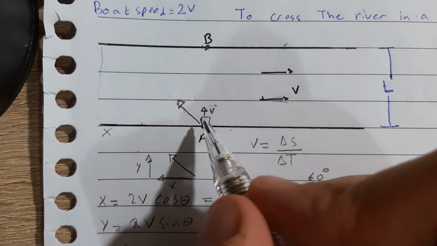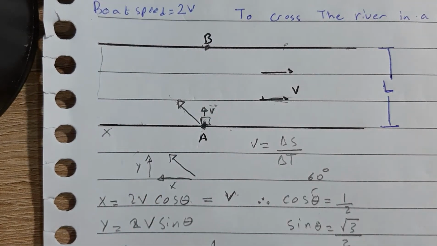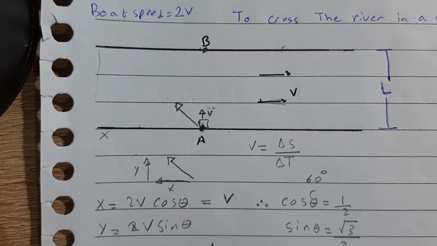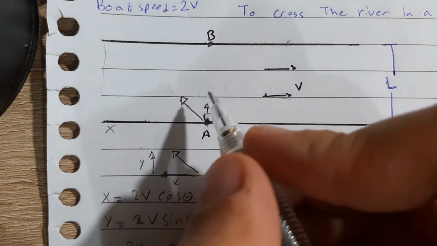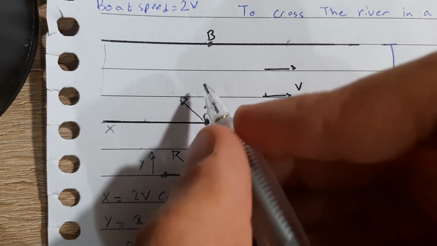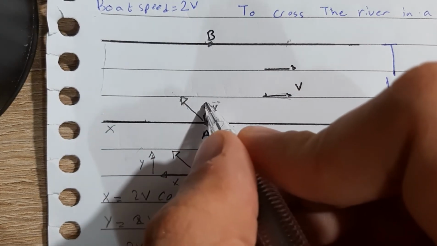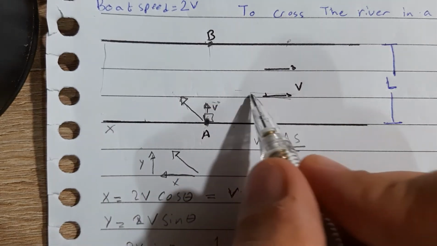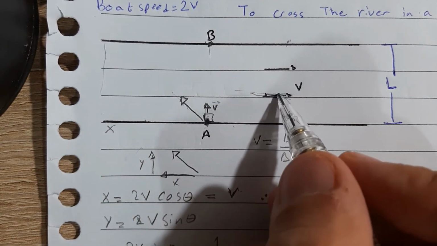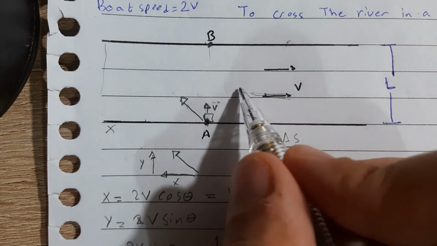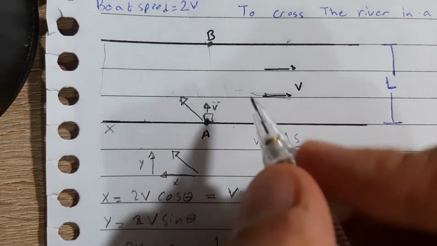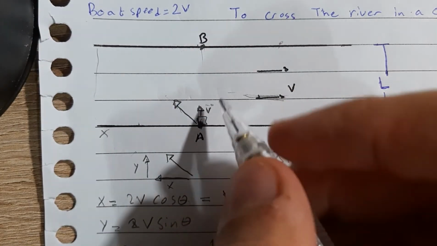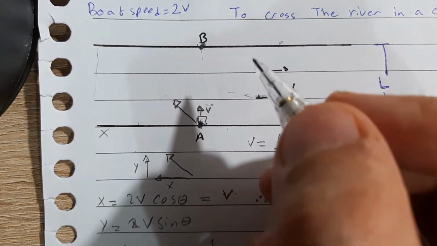But if you just want to get out of the river in the shortest time, you need to go perpendicular here with the boat. Even though the river will be pushing you, it doesn't matter, because you won't end up over here, okay?